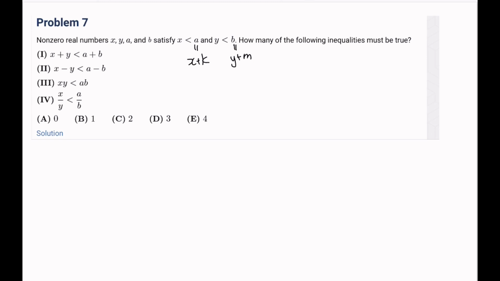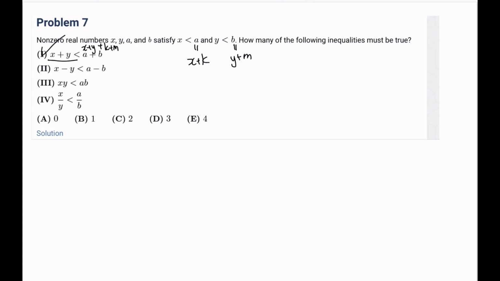So replace a with x plus k and replace b with y plus m. That gives us x plus y is less than x plus y plus k plus m, right? And so this has k plus m more, and so this is correct.